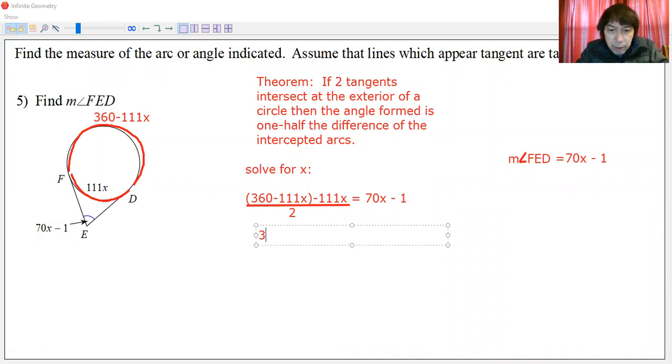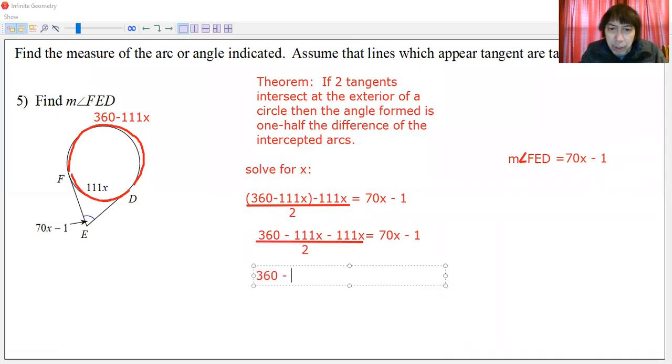All right, let us simplify the equation. We shall start with 360 minus 111x minus 111x, divided by 2, and this will still be equal to 70x minus 1. Continue with 360 minus 222x, divided by 2, still equal to 70x minus 1.